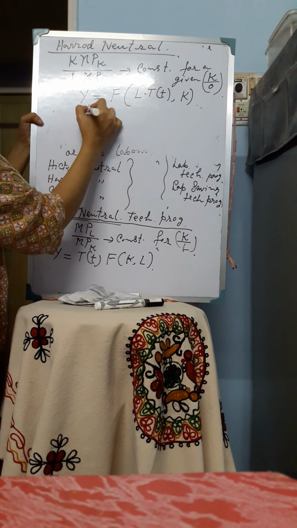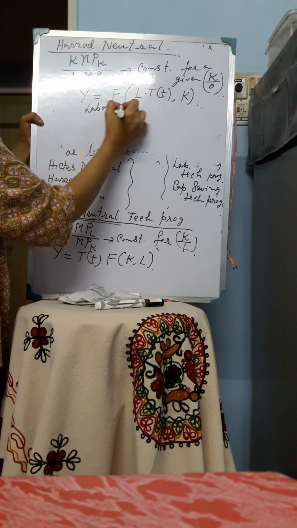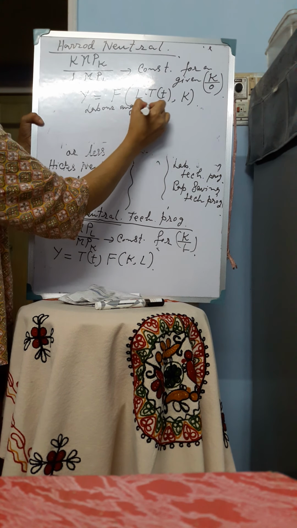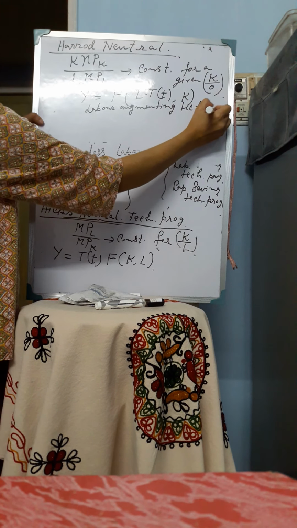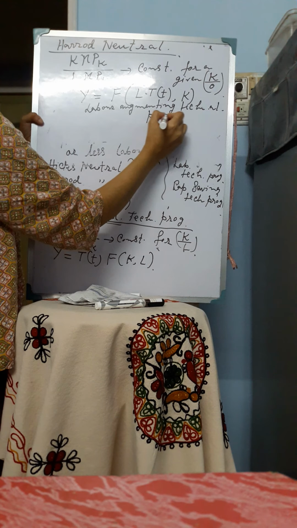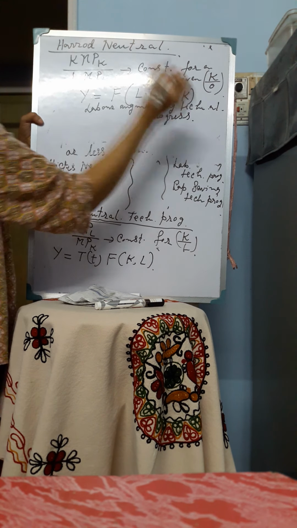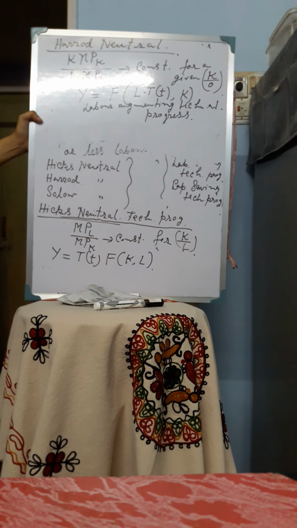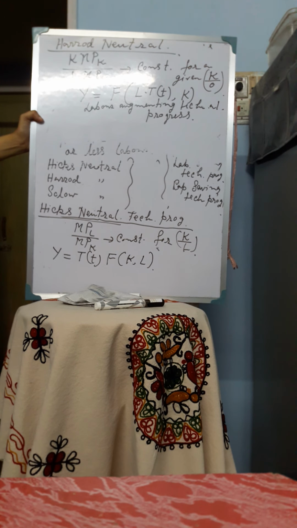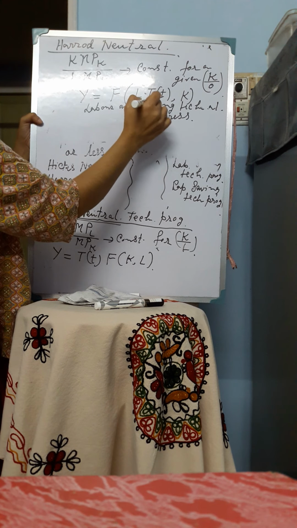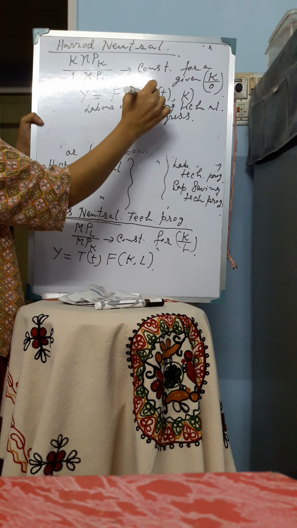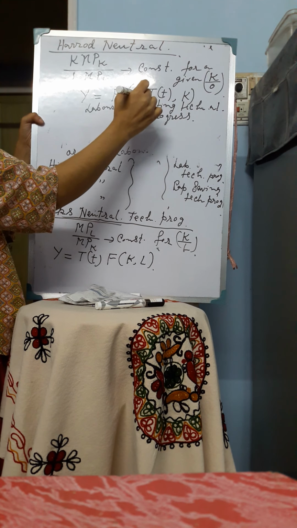So this is a labor augmenting technological progress. So the technological progress here is labor augmenting in nature. Because this technological progress is increasing the effective labor force in the economy.